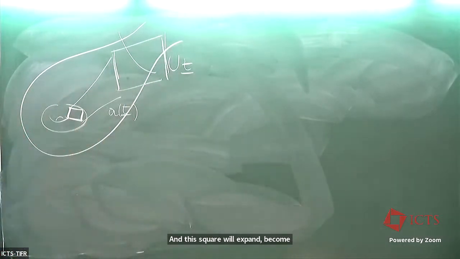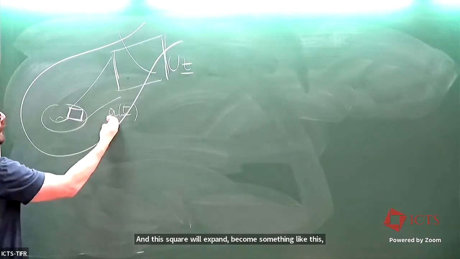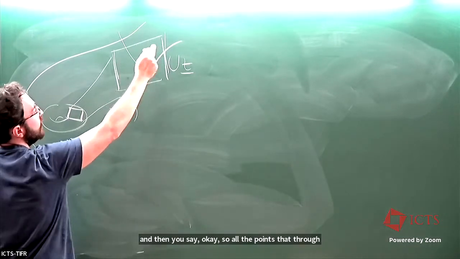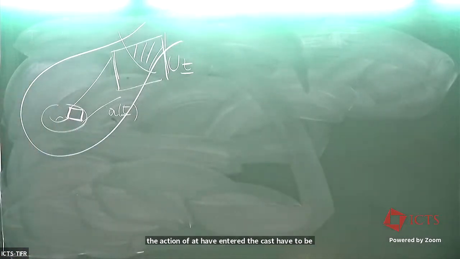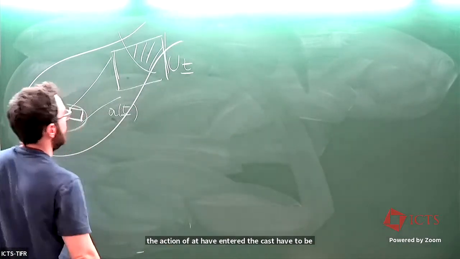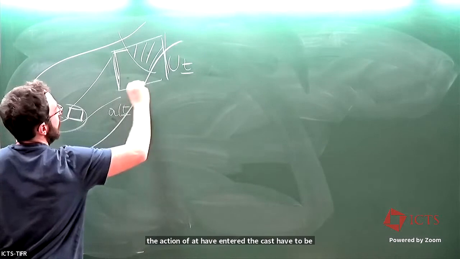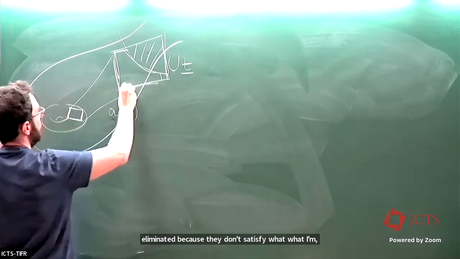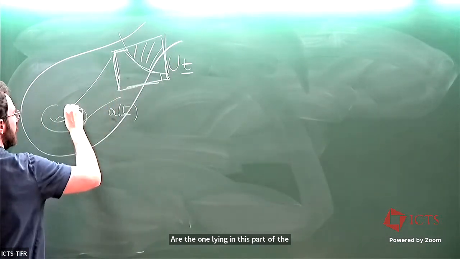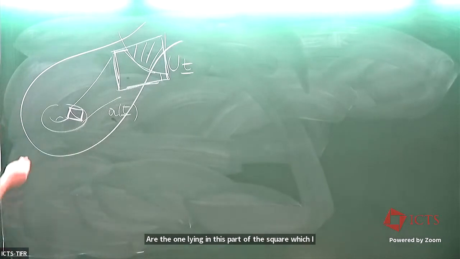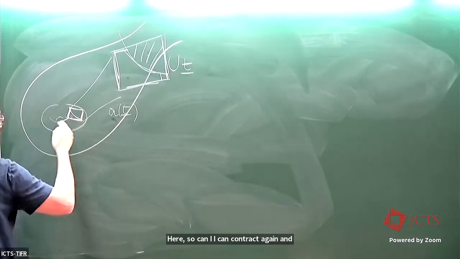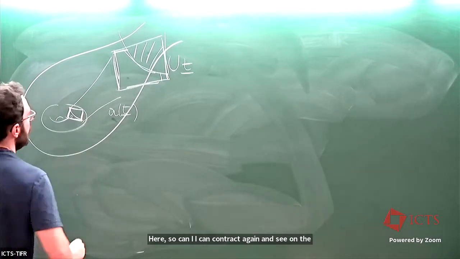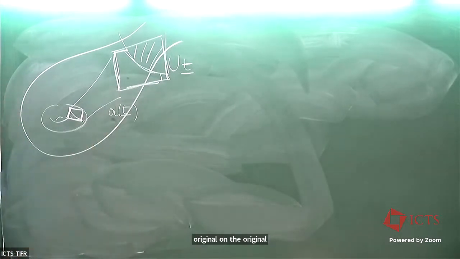Then all the points that through the action of AT have entered the cusp have to be eliminated because they don't satisfy what I'm asking. So the good points are the ones lying in this part of the square, which I can contract again and see on the original square. And then I keep repeating this for all times t, right?